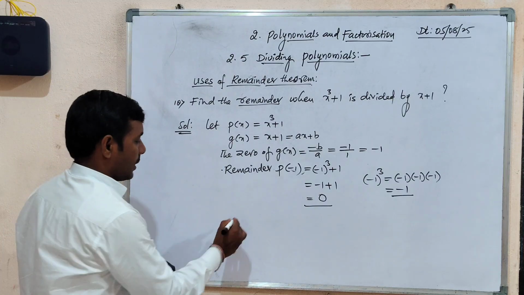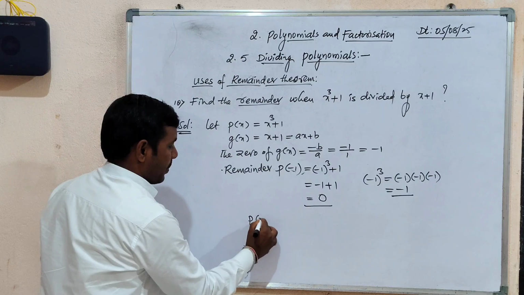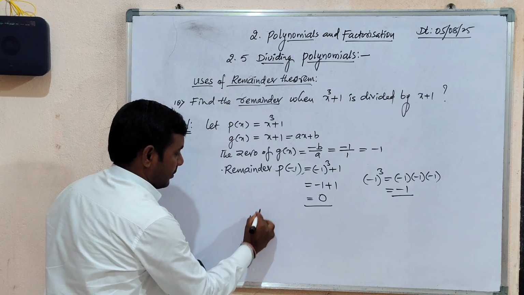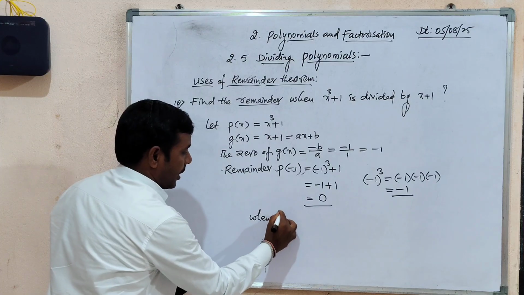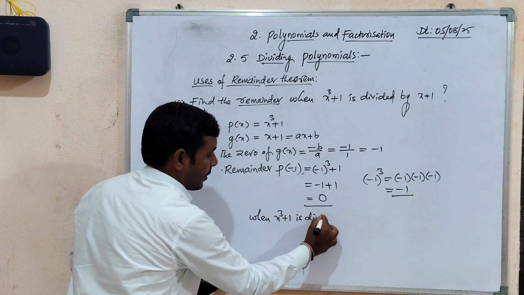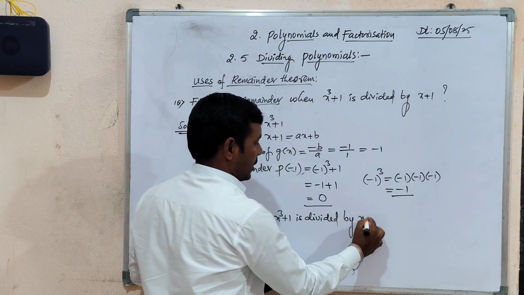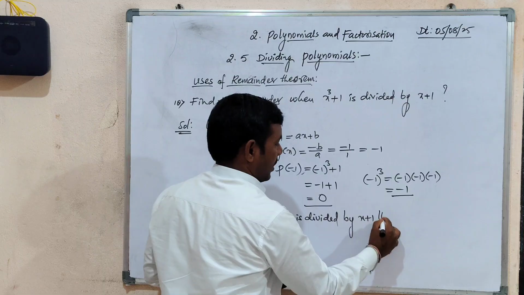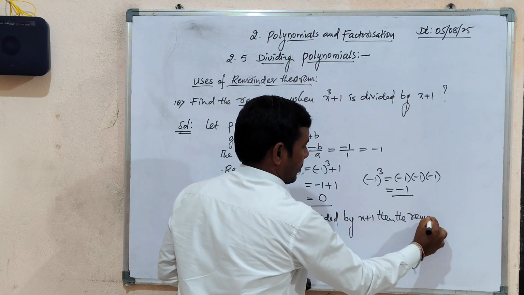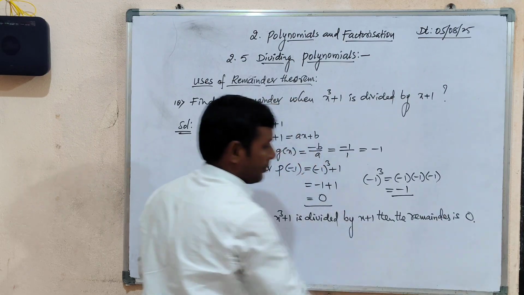So in a sense, when x cube plus 1 is divided by x plus 1, then the remainder is 0.